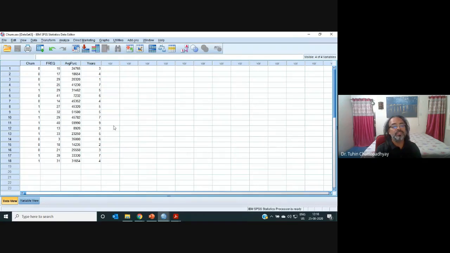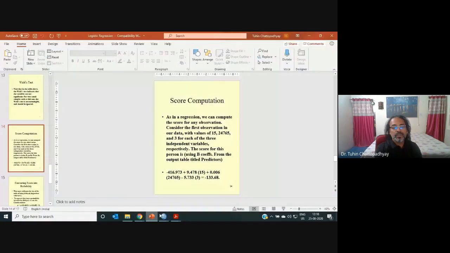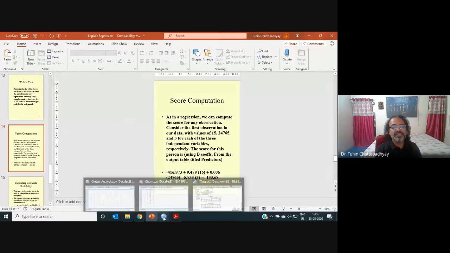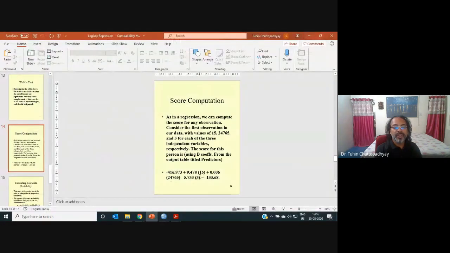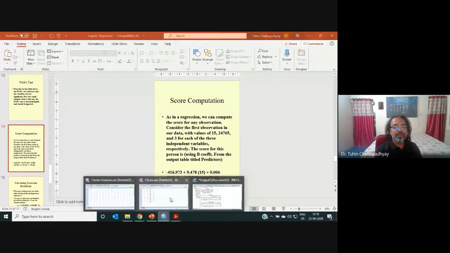So the first row is frequency 15, average purchase 24765, and years 3. This is the constant, -416.973. Then this is the coefficient of frequency, 9.478, so 9.478 into 15. Where is the 15 coming from?